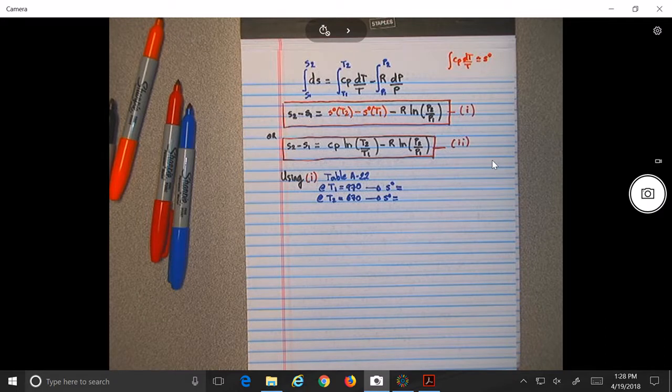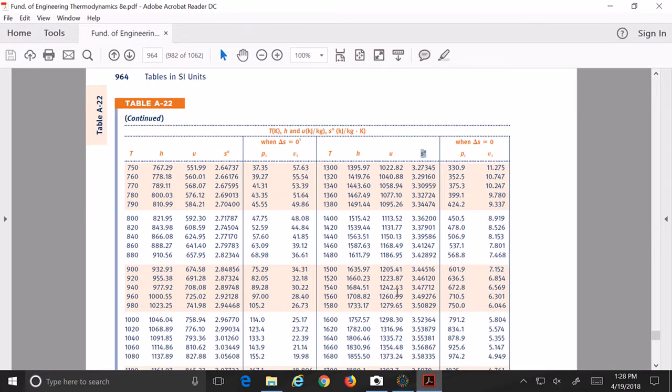So we go to the table, A-22, so let's do first 970 since we are here. So what do we do over here? You need to do the average. So what is the average of 2.92128 plus 2.94468? I don't know why they give that many decimals. But it's going to be 2.93 something.